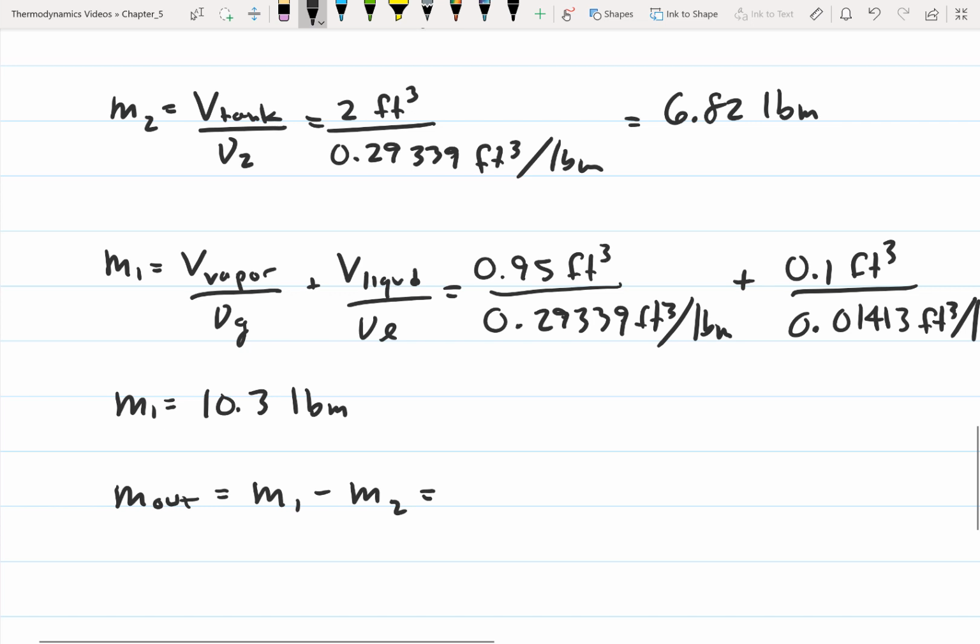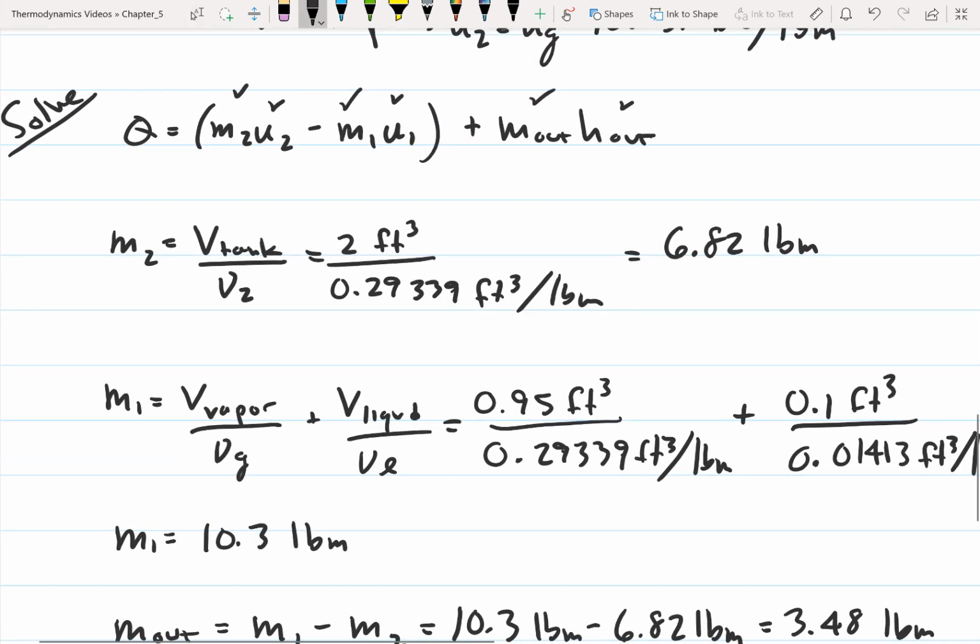So this is 10.3 pound mass minus 6.82 pound mass, which is equal to 3.48 pound mass. So now we have the mass that flowed out.